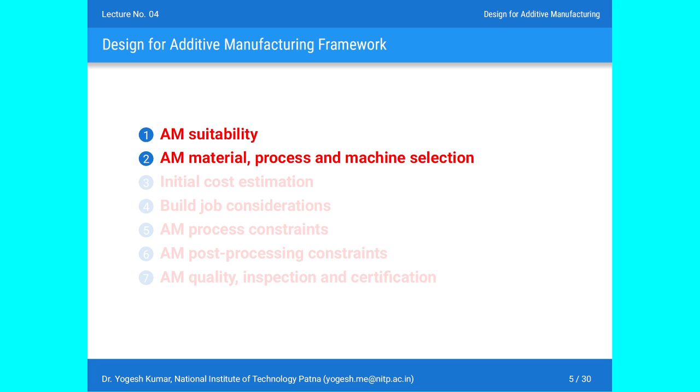So we need to decide whether we need to go specifically for additive manufacturing, or this can be produced by existing manufacturing processes.